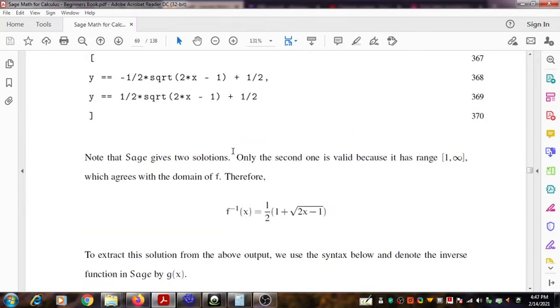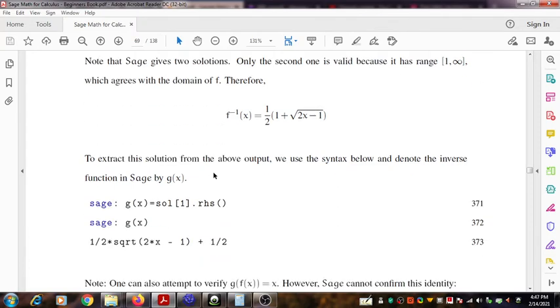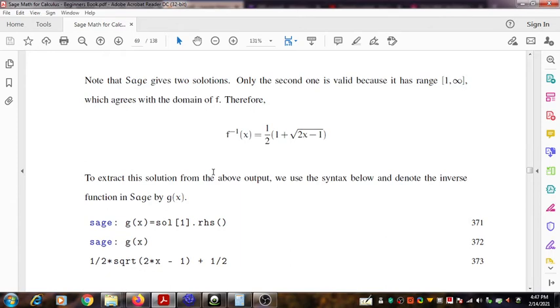We have restricted our attention to the domain 1 to infinity, so since 1 to infinity is the valid domain of our discussion, we need to consider only that value which exists in the interval 1 to infinity, even though two values of y are obtained here.